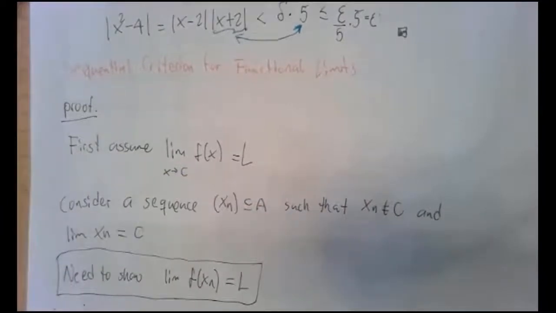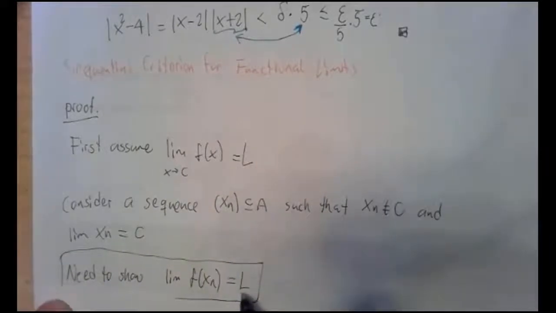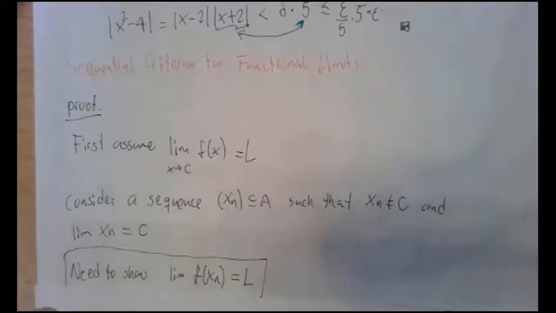All right, and then as usual, how do we show that a limit is L? Well, we pick an epsilon, right? The limit of a sequence, right? We pick an epsilon, and we need to show that for numbers big enough, the difference between these two is as small as we want, right? But I have to use my assumption.